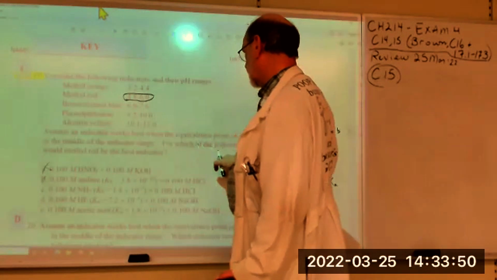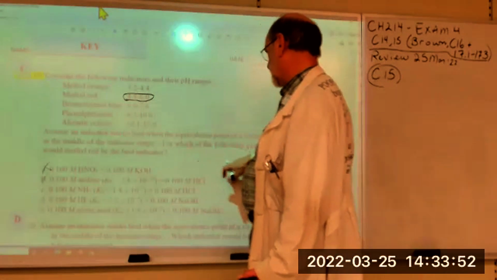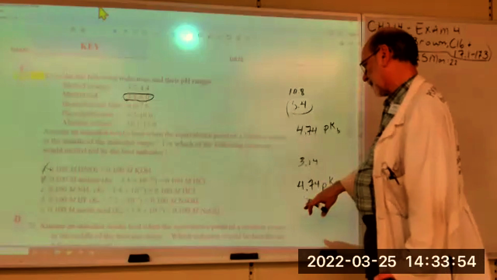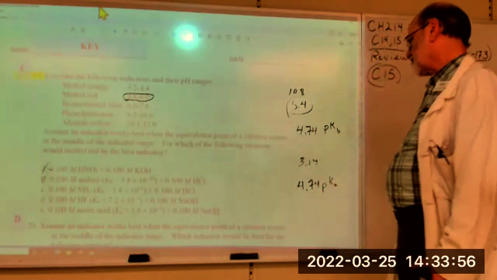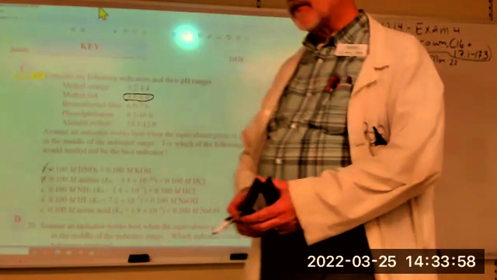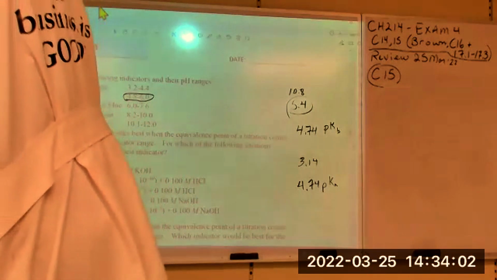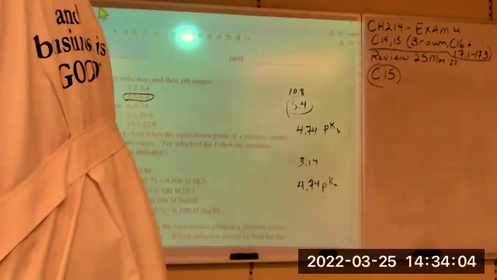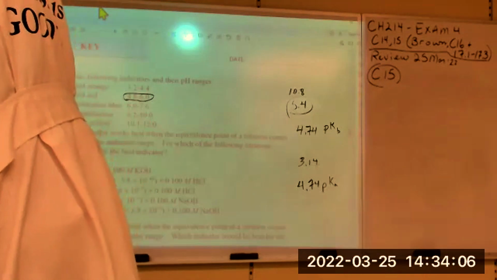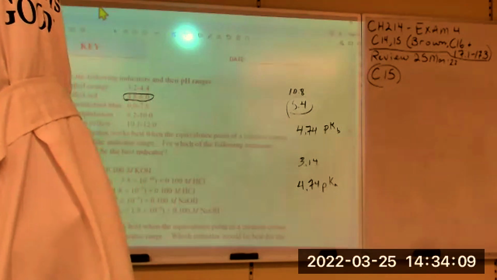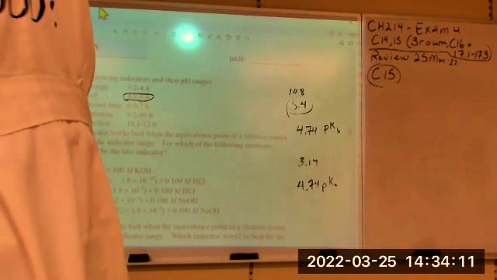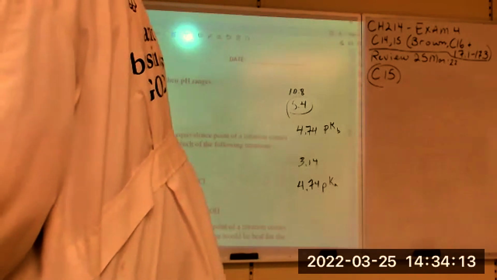Equivalence point for which of the following titrations would methyl red be the best indicator? I might have to consult my discussion on that one. 19. Are you looking at it? Yes. C. What does it say about E?